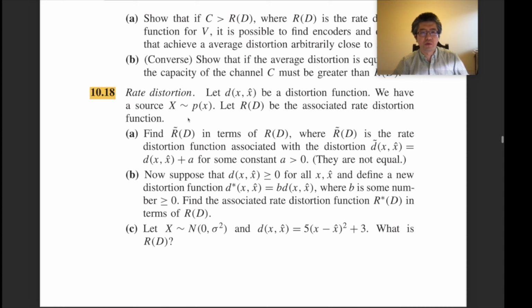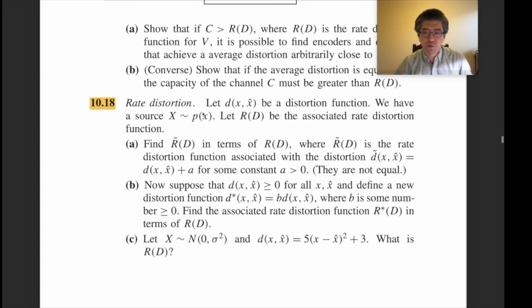So next problem is problem number 18. Okay, so in this problem, again, we're gonna manipulate the distortion measure, right? So this is the original distortion function for a given distortion, and the first question is, what if our distortion is like that? Then what is the relationship between R tilde(D) and R(D)?